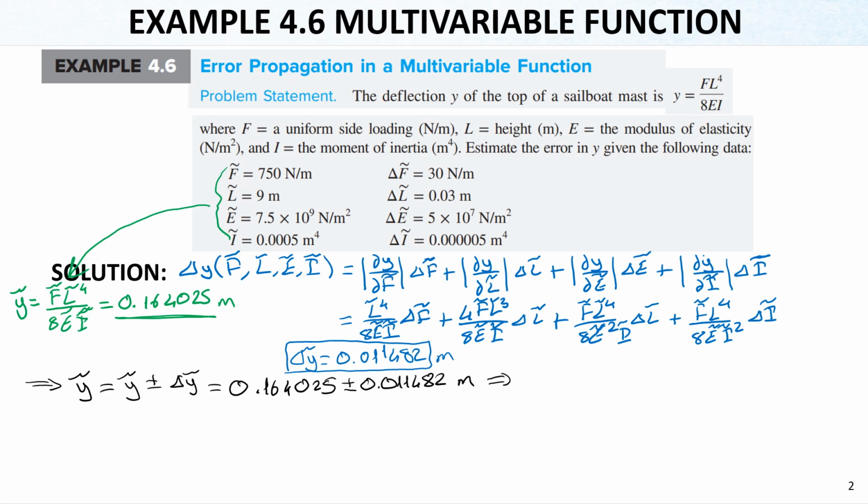So if we just subtract the error, for example, y min is equivalent to 0.152543, and y max is just the summation of the prediction value with the propagated error. It's 0.175507 meter.